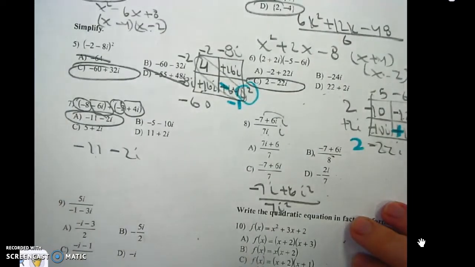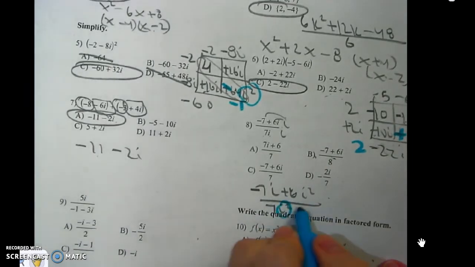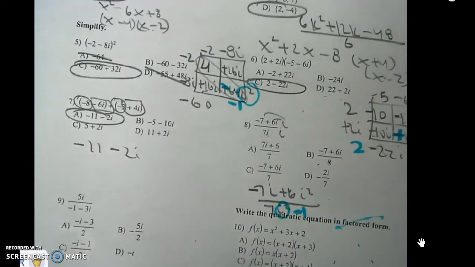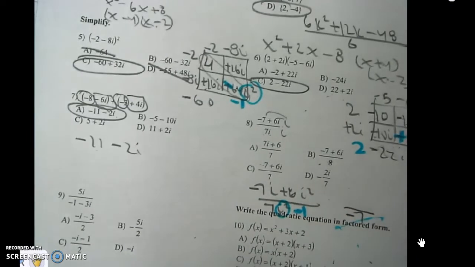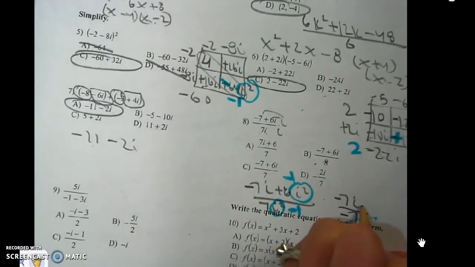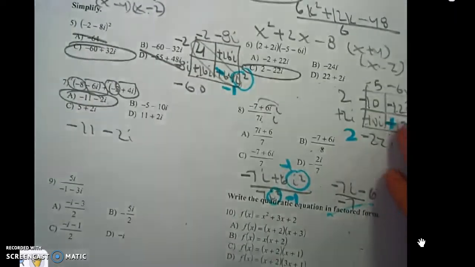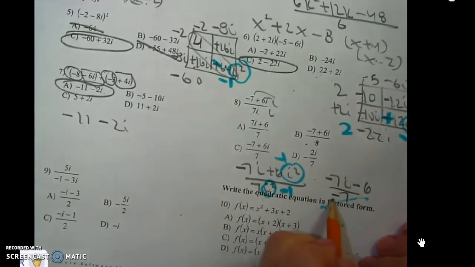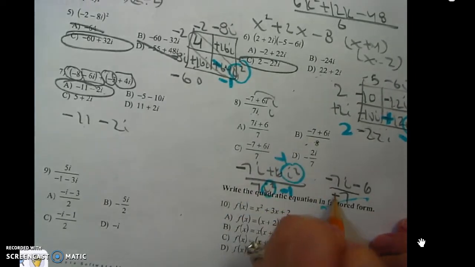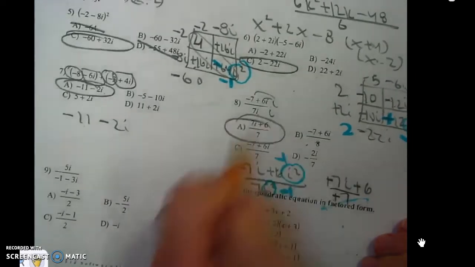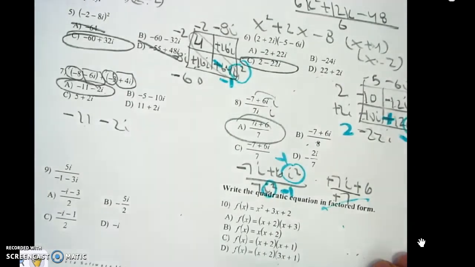Remember in the previous problem, i squared is negative 1. So that means this is negative 7. i squared is negative 1. So that means that's negative 7i minus 6. And if you look, we don't like negatives on the bottom, so everything changes the sign. And it's A.